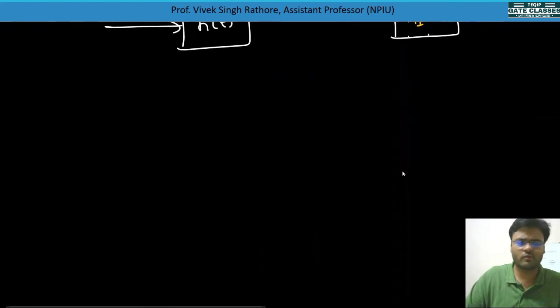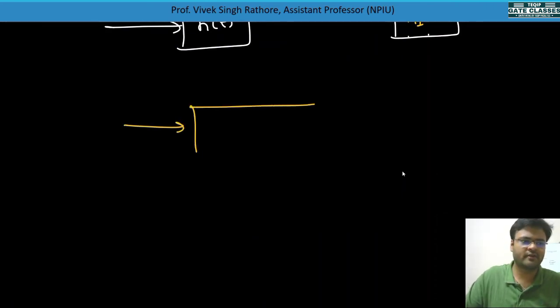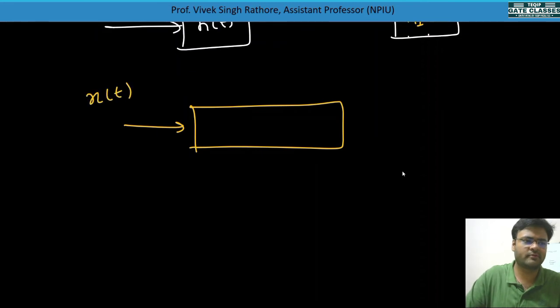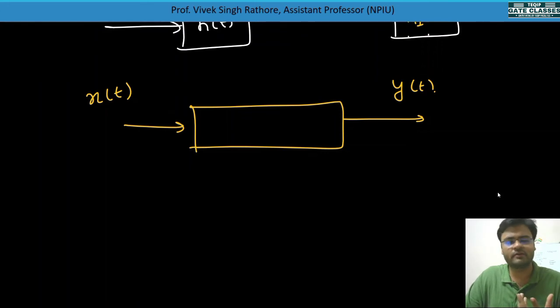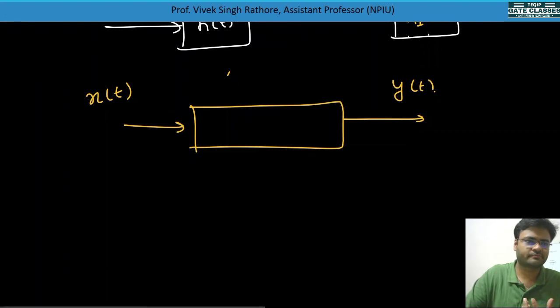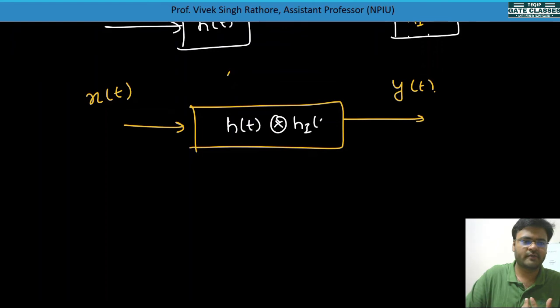So if x of t is given and you have been given two systems, h of t and h inverse of t, which is the inverse system, and you are getting output as y of t, then this system is h of t convolved with h inverse of t.